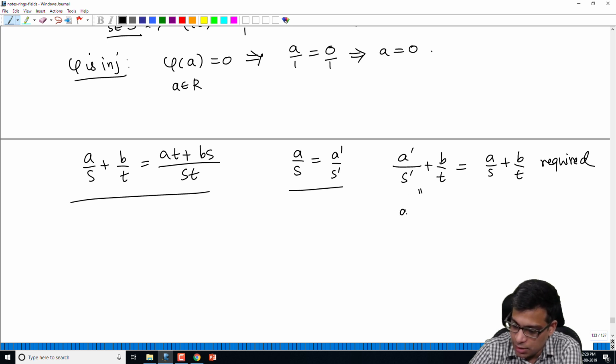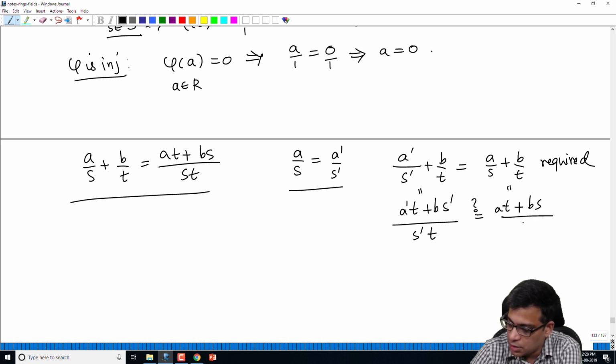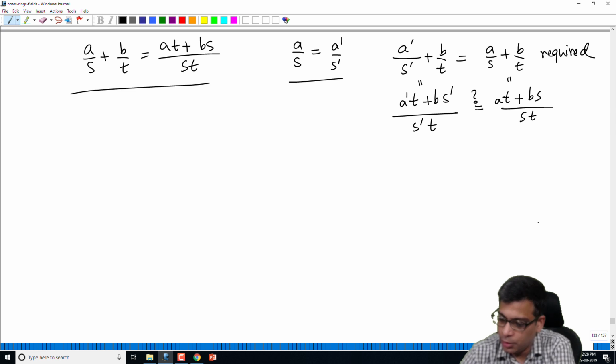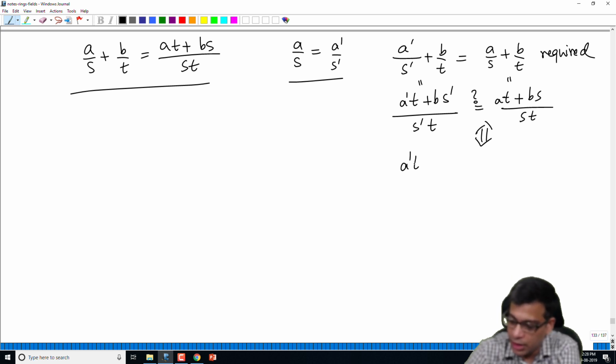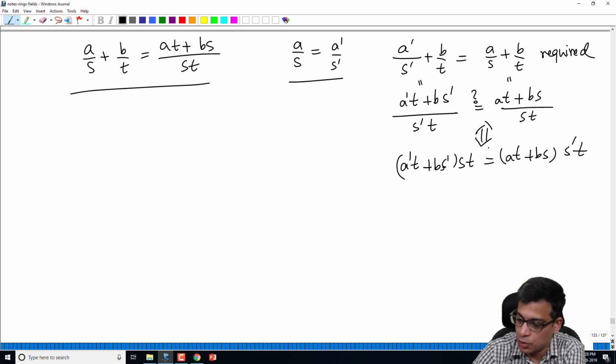But what is this? This is A prime T plus BS prime by S prime T. The question is whether these are equal to AT plus BS by ST. Remember, this happens if and only if A prime T plus BS prime times ST is equal to AT plus BS times S prime T. This is what we want to check. But we are given that A by S is equal to A prime by S prime.